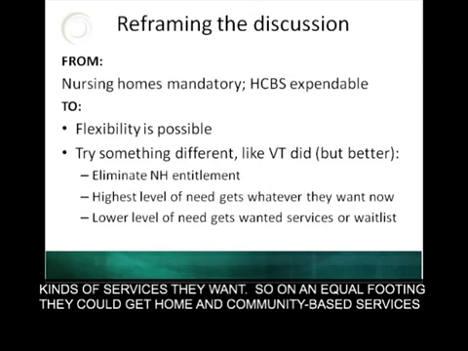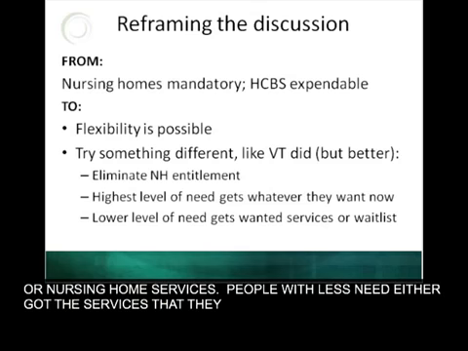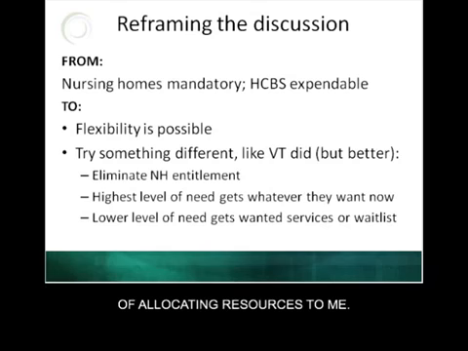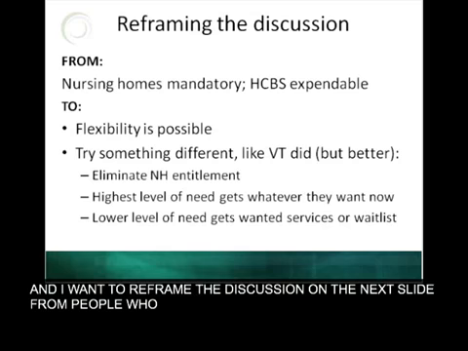So they could, on an equal footing, get either home and community-based services or nursing home services. People with less need either got the services that they wanted, or they were put on a waiting list for services. This seemed like a much fairer way of allocating resources to me.